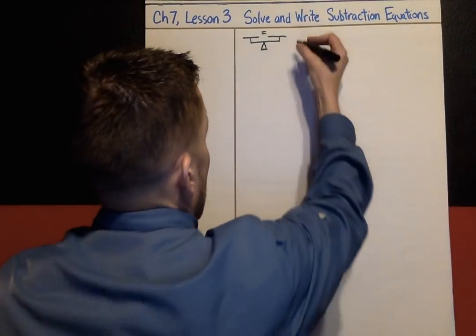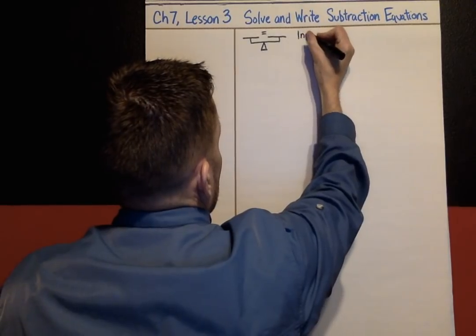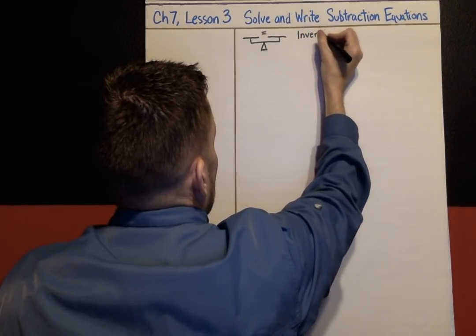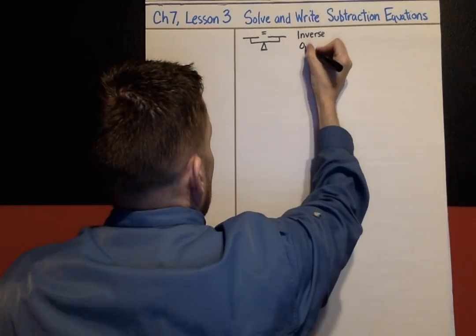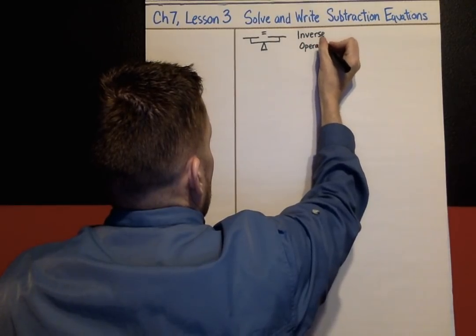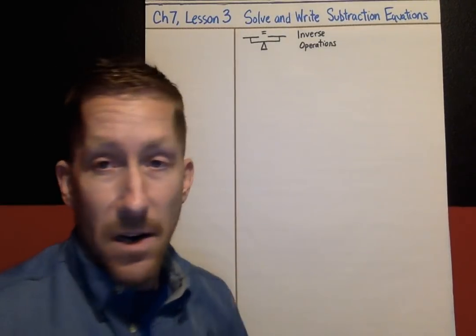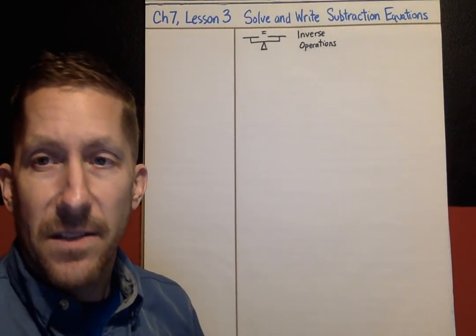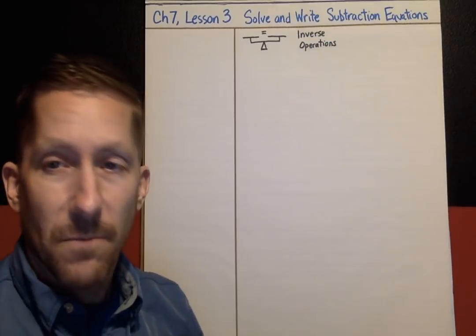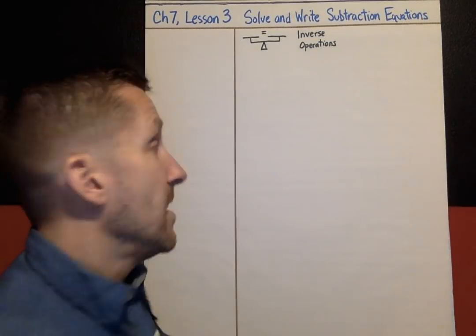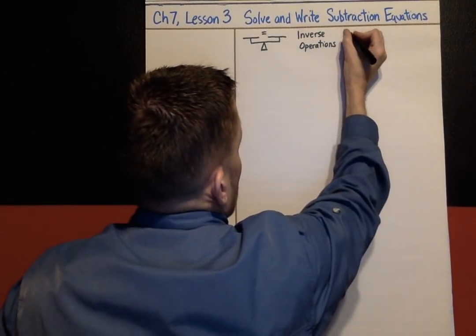And we also talked about inverse operations. These are operations that undo each other, is what we say in math. And we use these in equations.